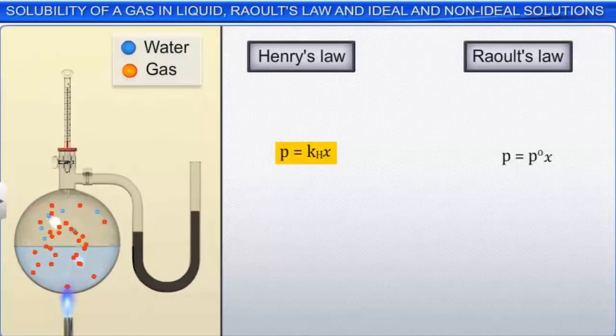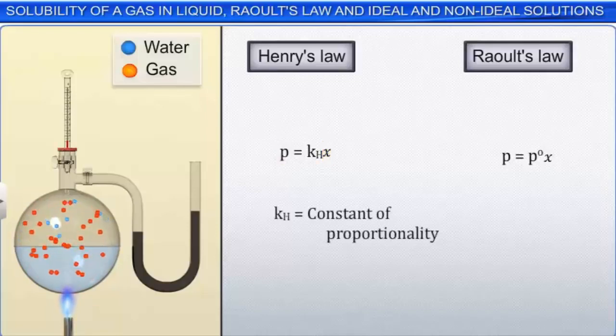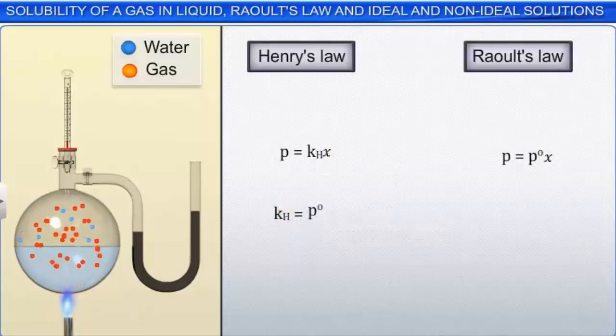As can be seen from the equation, the partial pressure P of the highly volatile component or gas is directly proportional to the mole fraction x, and KH is the constant of proportionality, which can be equated to P naught. In other words, we can say that Raoult's law is a special case of Henry's law.